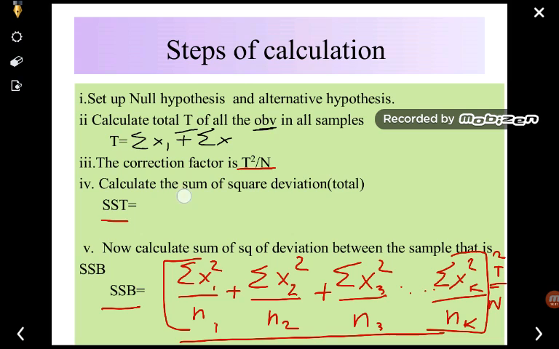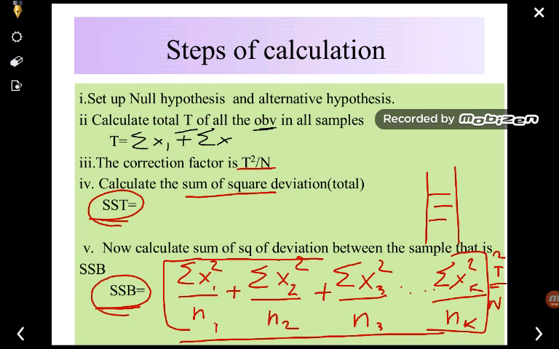Here we have calculated the sum of square of deviation total, and here the sum of square of deviation between the samples, that is SSB, and the totaling of deviations of all samples is SST. The rest of the steps, 6th, 7th, 8th and 9th, we are going to discuss tomorrow, as well as the example.